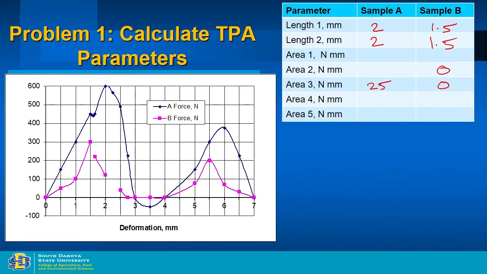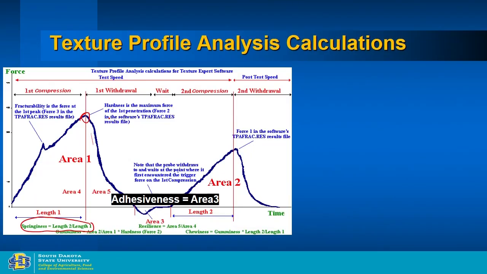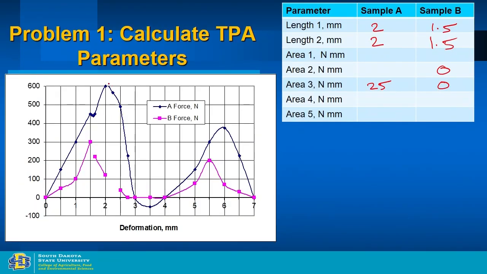Perfect. Now we got this one. A3 is done. This is A4, A5. Okay, this is A4. So it is 2, which is 1, and then 600. I am approximating here.